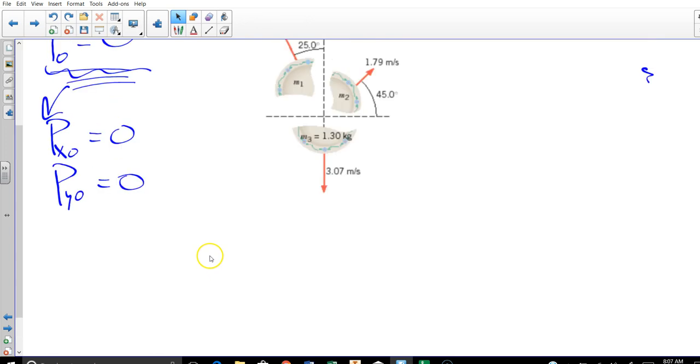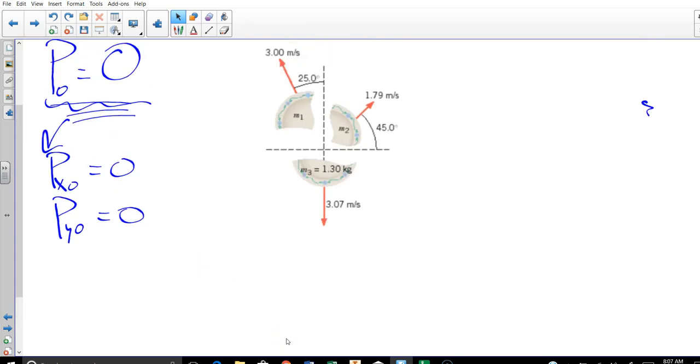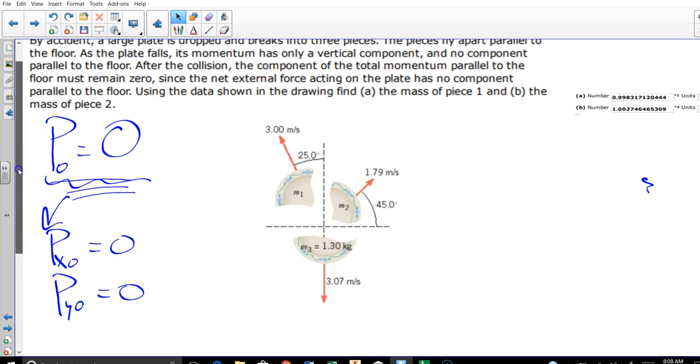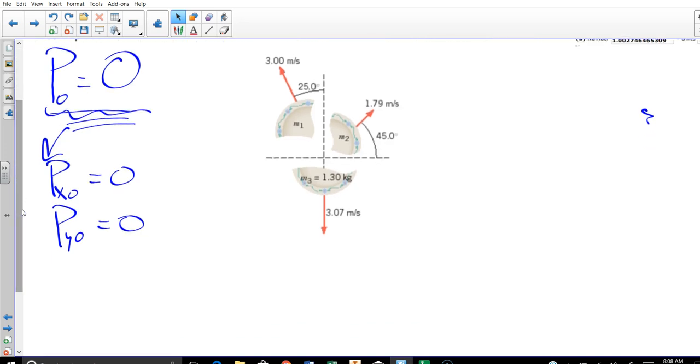So which one do you want to start with, x or y? Well, let's take a look at our picture. Do we know the mass of any of these? Which one do we know the mass of? They don't give us the mass of piece 1 and piece 2. Oh yeah, they give us the mass of piece 3. My fault, you're right. So I can find the momentum of this.